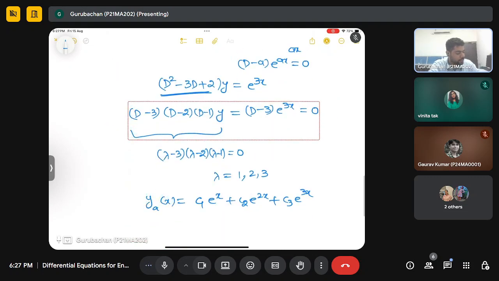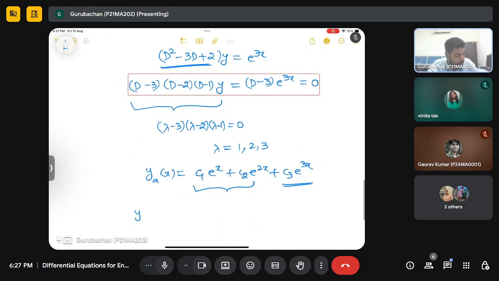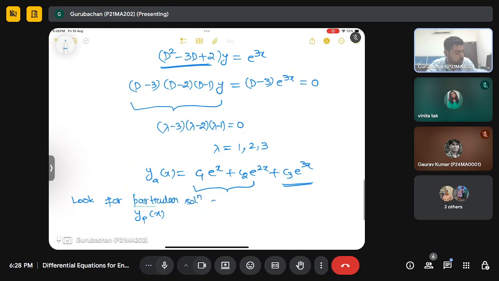So we are not interested in the other parts, just this particular part. We look for a particular solution of the type yp(x) equal to c3 e to the power 3x, since our right-hand side contains e^(3x).